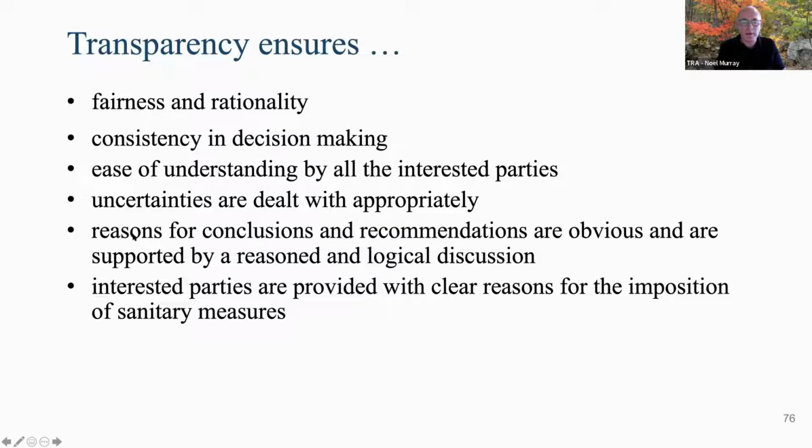It makes clear what the reasons for the conclusions and recommendations are, and that they are supported by a reasoned and logical discussion. And then finally, the stakeholders are provided with clear reasons for the imposition of measures, or depending on the situation, there may actually be no requirement for a particular measure.